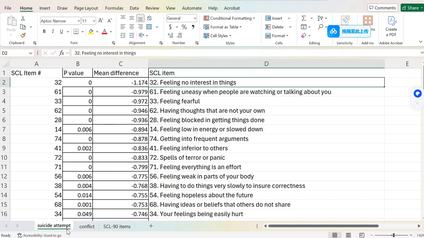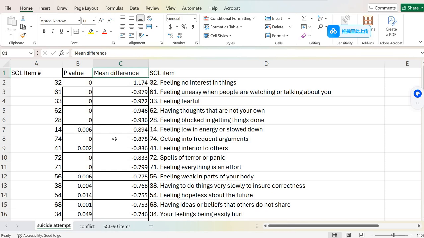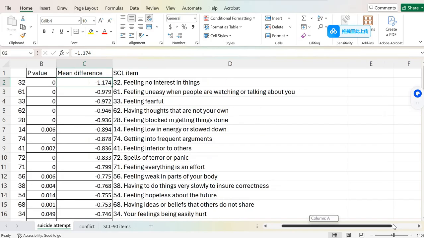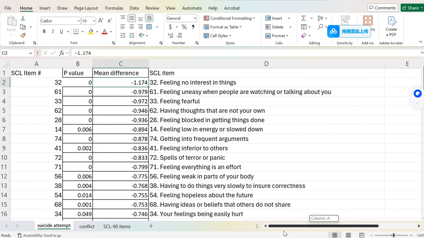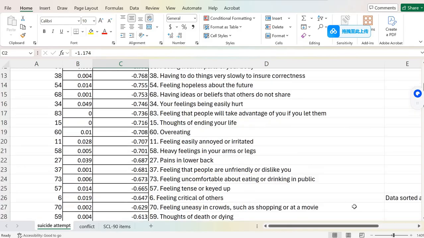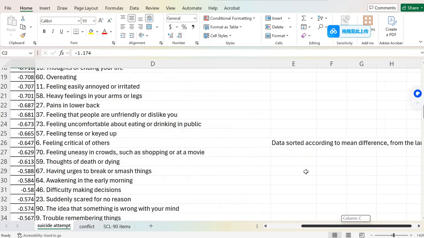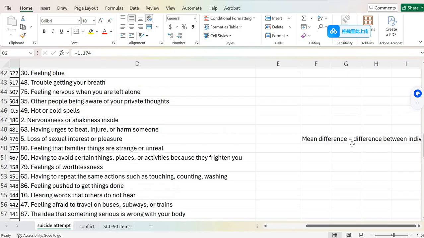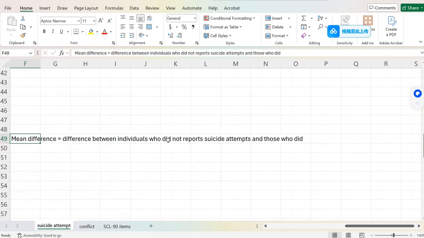This is suicide attempts. This column C, the mean difference, is the difference between those who did not report suicide and those who did.